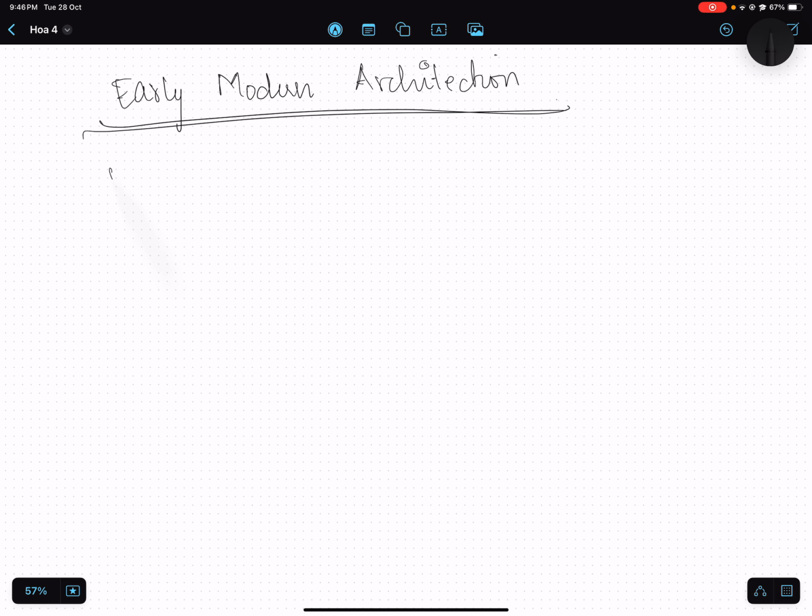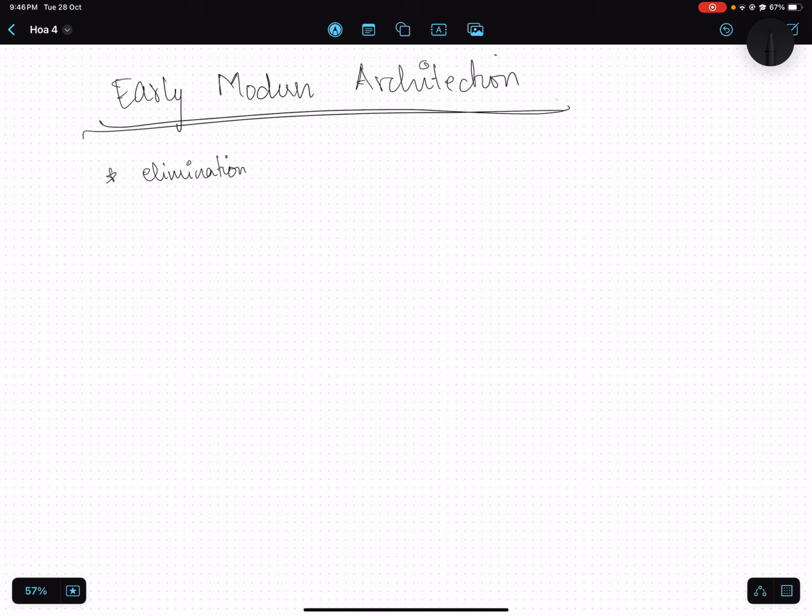Now we can move on to early modern architecture. So modern architecture, or early modern architecture, believed in one thing, that is elimination of ornamentation. They did not like ornamentation anymore. They wanted sleek structures. Even the little ornamentation that was found in Art Deco, they did not like that.